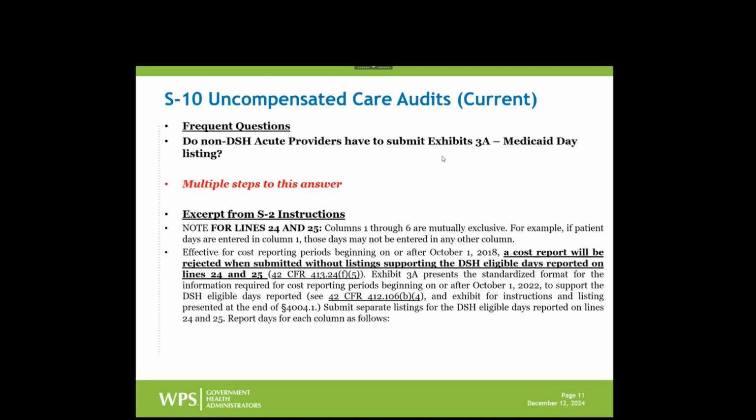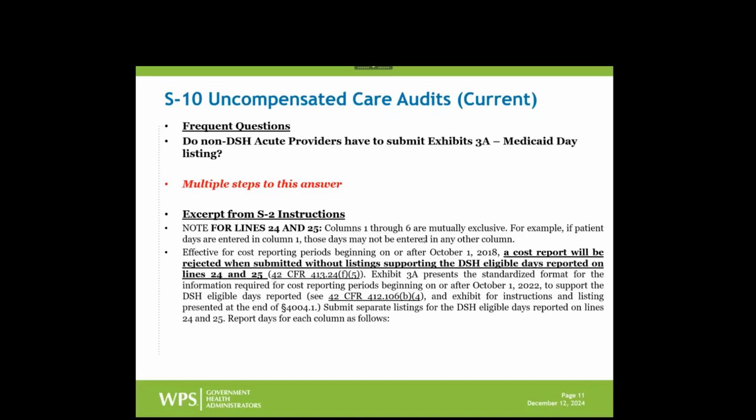The next topic I had, though, is with the Exhibit 3A, the Medicaid day listing. It has nothing to do with S10. I just brought it into this discussion to point out that the question is non-DSH acute providers. In the S-2 instructions, it talks about how the cost report will be rejected when submitted without listings supporting the DSH eligible days on lines 24 and 25.